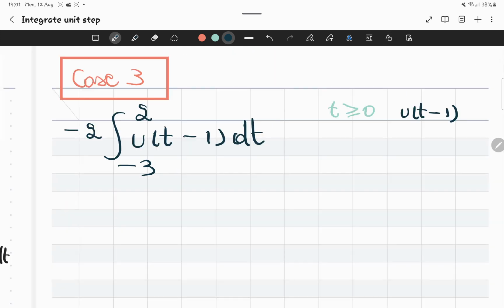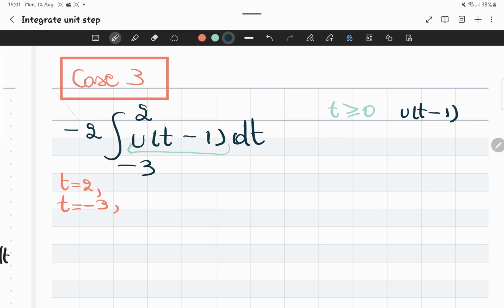Okay, now case 3. What are we going to do with case 3? We need to check for the interval inside here. So now let's pose our condition: if t equals 2 and t equals negative 3.